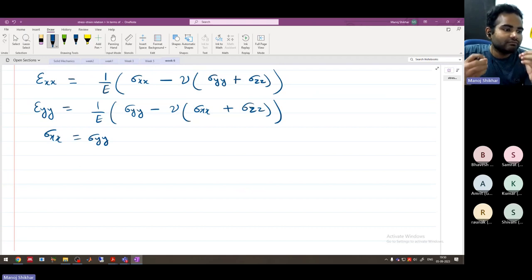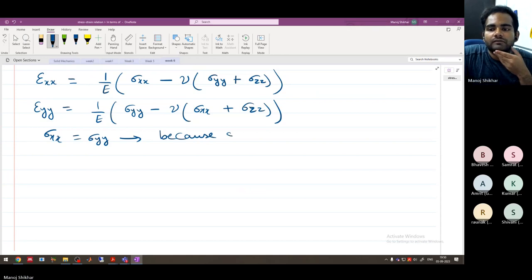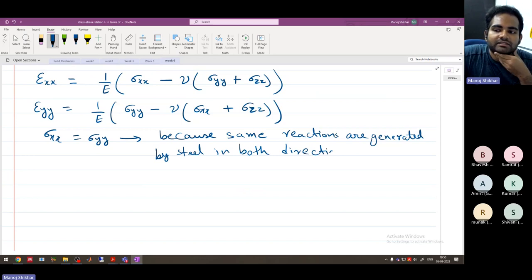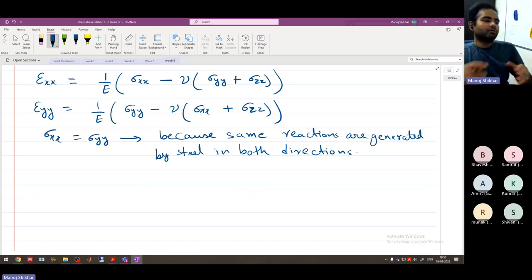Because the same reaction is generated by the steel walls in both directions.